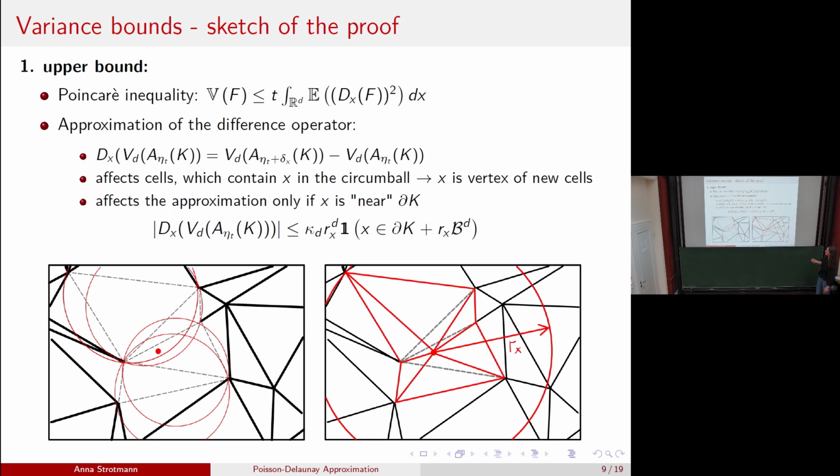And this is the indicator function which adds the additional limitation that the point x has to be close enough to the boundary of the set K. Okay, then since we need the square of the difference operator, it doesn't matter if the operator is positive or negative, so we can consider the absolute value and then we can insert it into the Poincaré inequality. And with some computations, I don't want to go into detail on that, we finally get an upper bound for the variance.